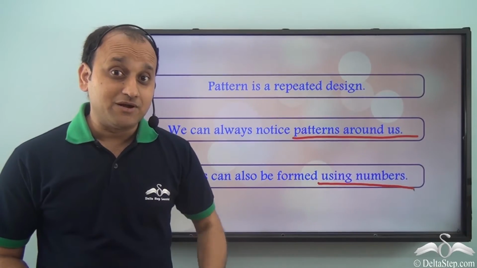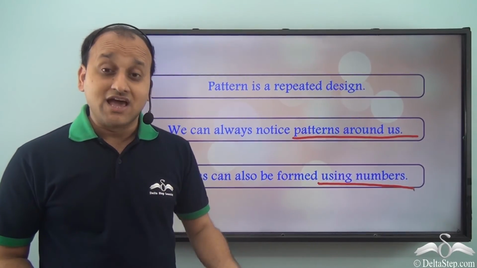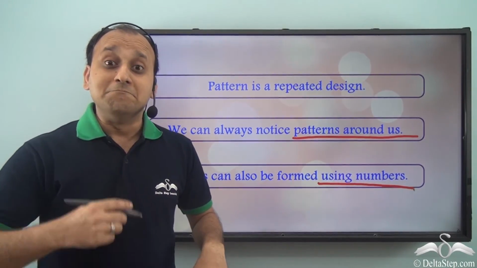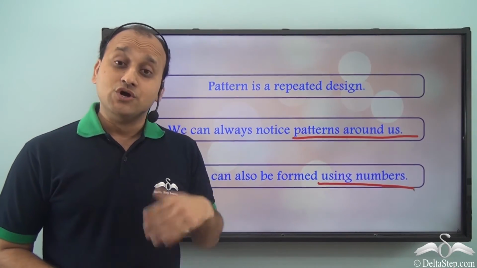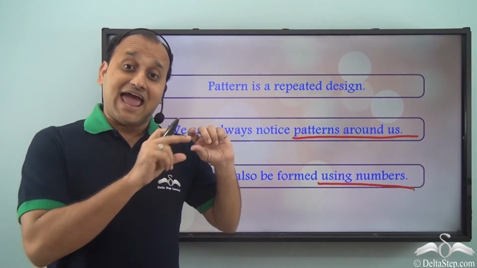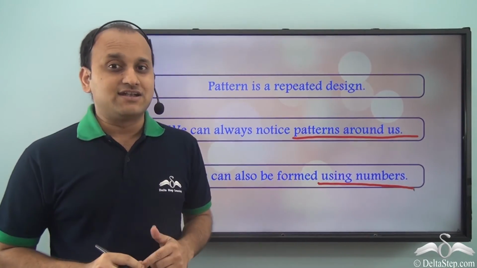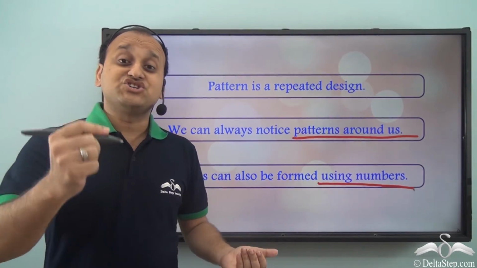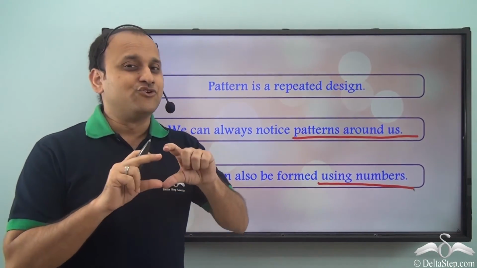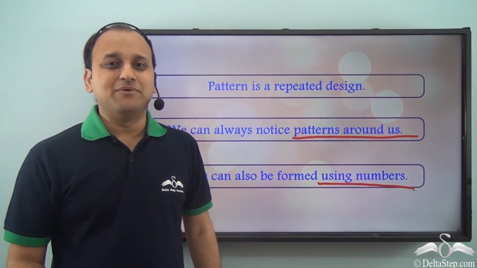And if we are able to identify these patterns, we can actually find missing links in these patterns too. So if there is a number missing and you're able to identify the pattern, you can actually fill that number. Or if there is a shape or design missing, if you know the pattern, you will be able to fill the missing link.